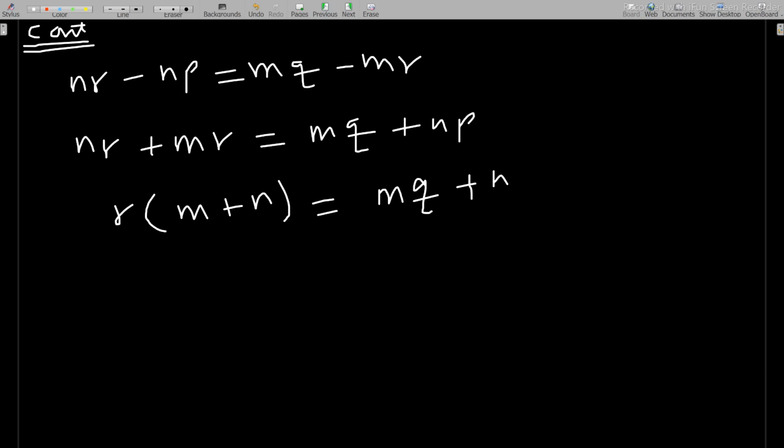This means that r will be equal to mq plus np all over m plus n.